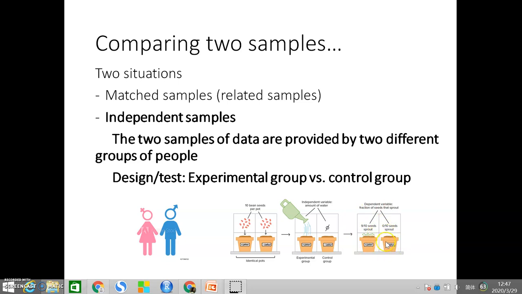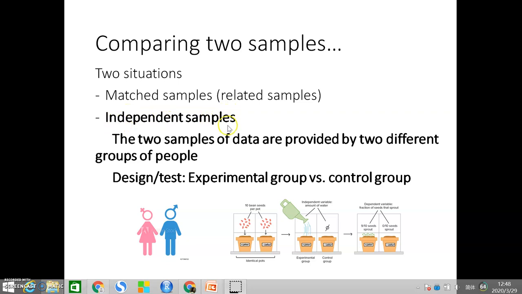So the comparison we're doing here is between these two pots, between these two groups. We are not comparing the pre-test and post-test. Instead, we are doing this between group comparison. So that is the basic idea or the concept of this independent t-test.